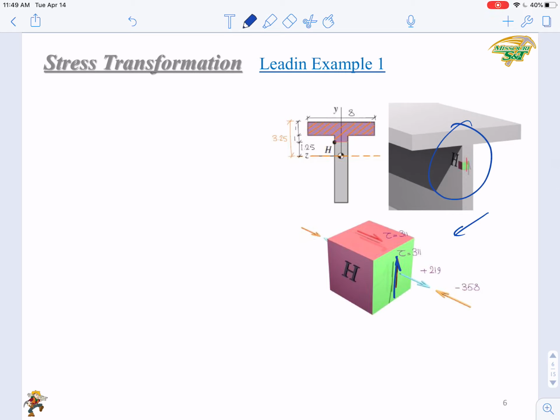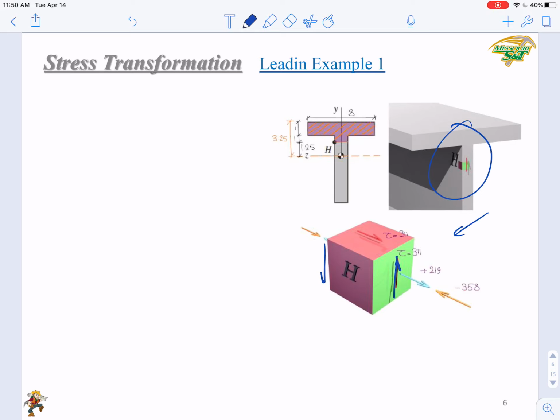To balance it, you will have another component in the negative x direction. On the negative x plane, you have a downward stress component to balance it.